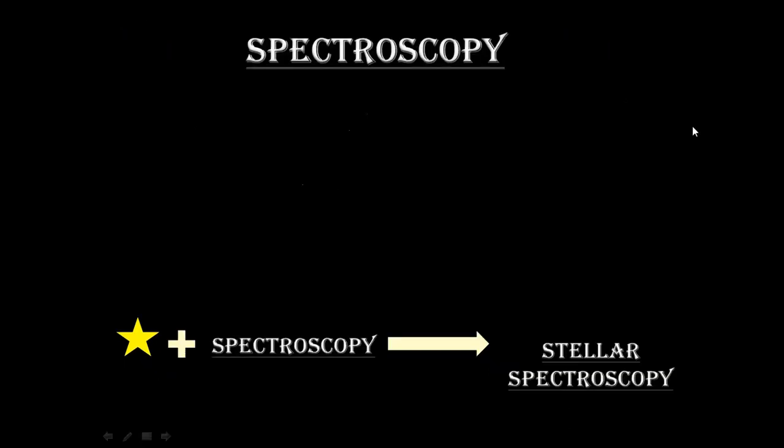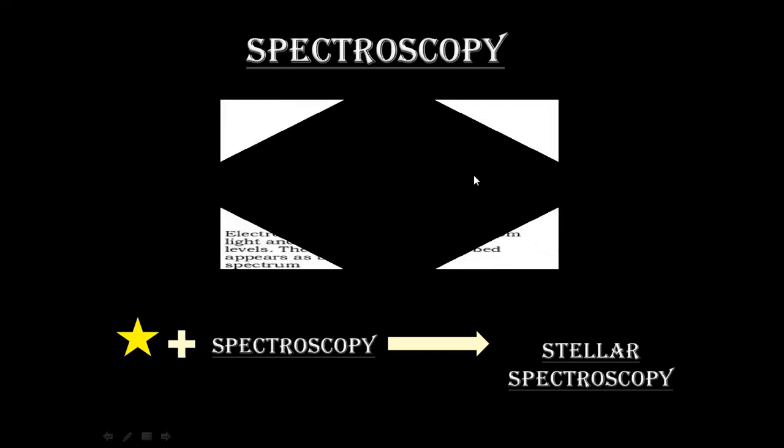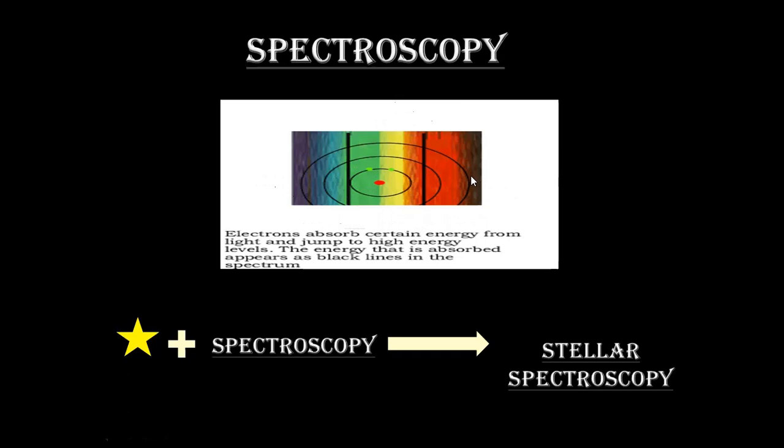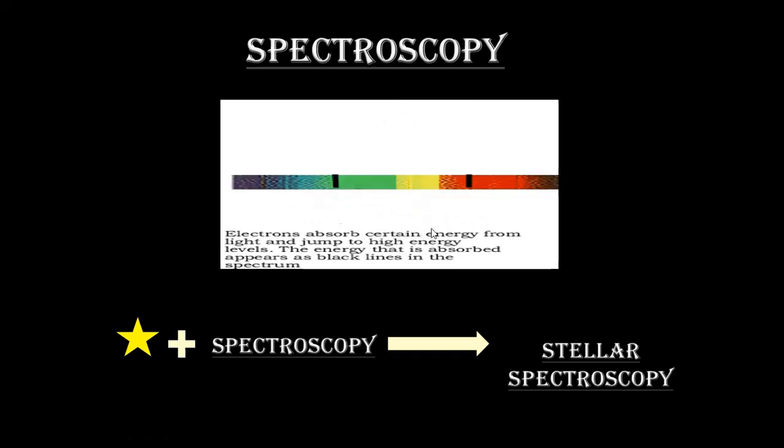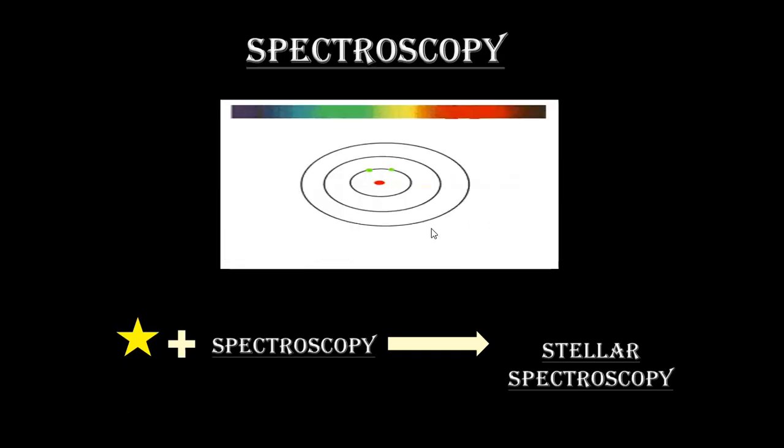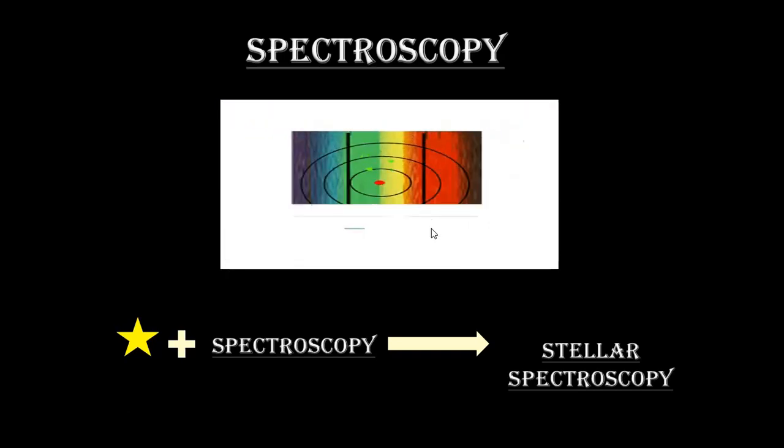Spectroscopy is nothing but the study of spectral lines which are emitted when an electron jumps from one orbit to another orbit. There will be an absorption or it may be an emission, and it produces spectral lines like this. Here is a sample of how it is produced. When electrons absorb certain energy from light and jump into a higher energy level, there will be an emission or absorption of energy.